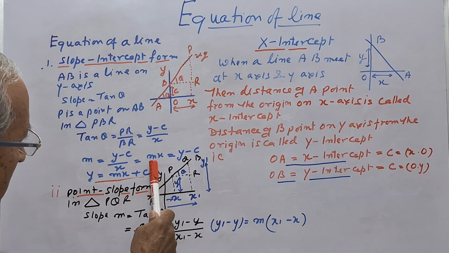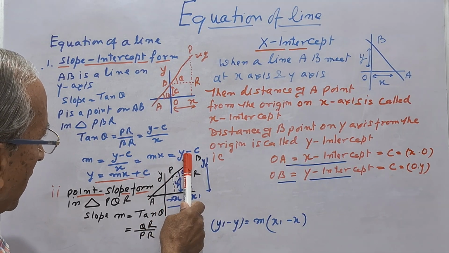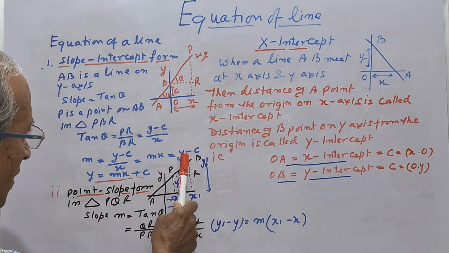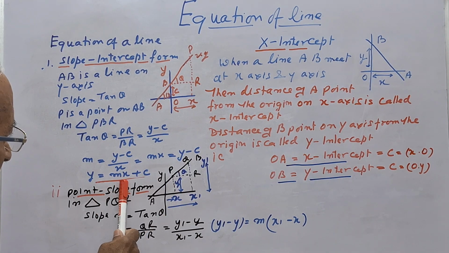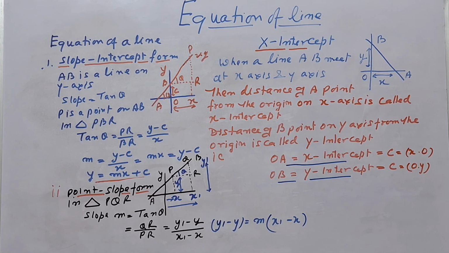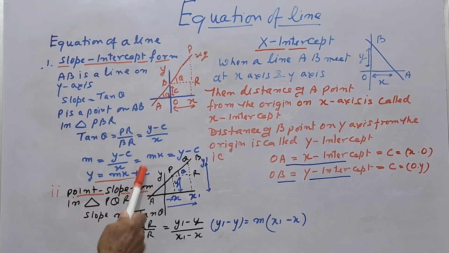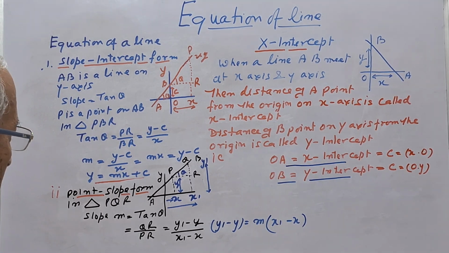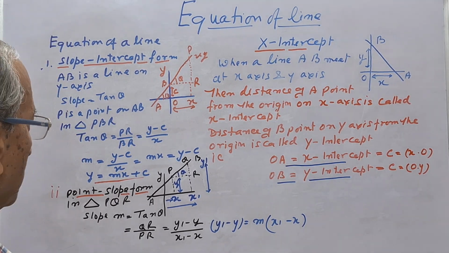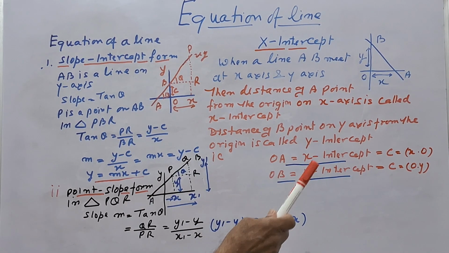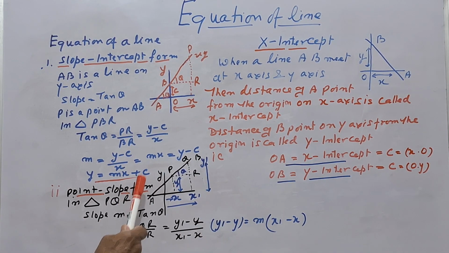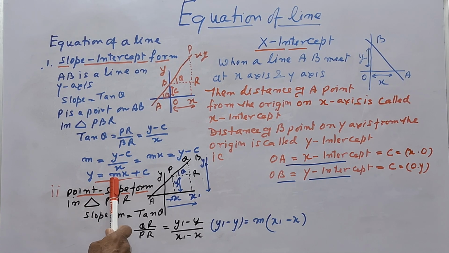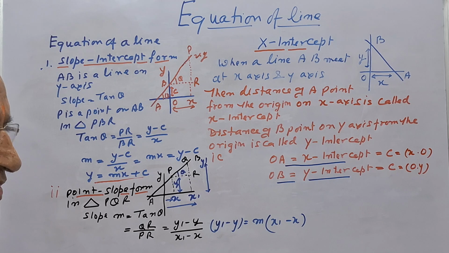Cross multiplied, mx is equal to y minus C. Now we write this equation in the form of y, then y is equal to mx plus C. This is the slope intercept form equation. Now all the equations of one variable or two variables which represent a straight line are written in the form y is equal to mx plus c, where c is the constant term.